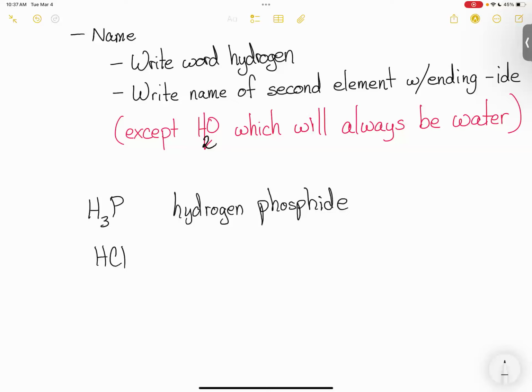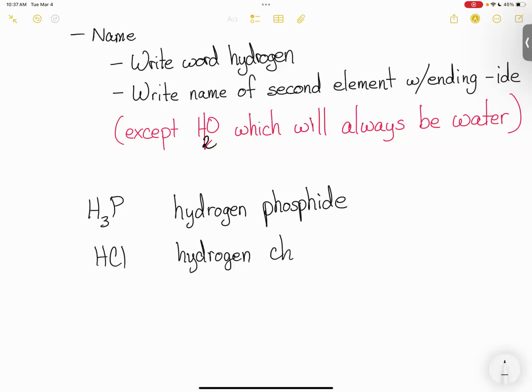With HCl, you're going to write hydrogen, followed by the second element with the ending IDE. So that's hydrogen chloride. Questions?